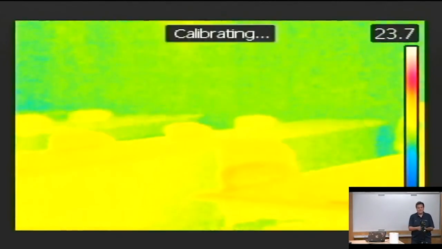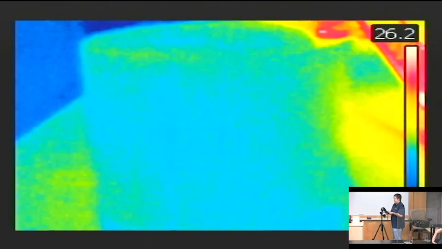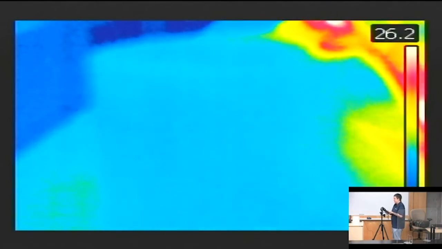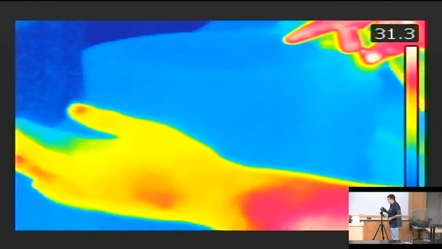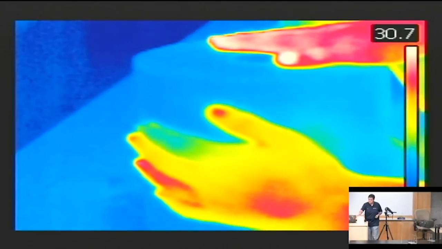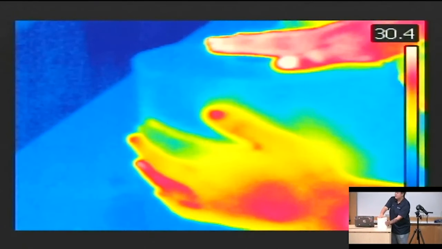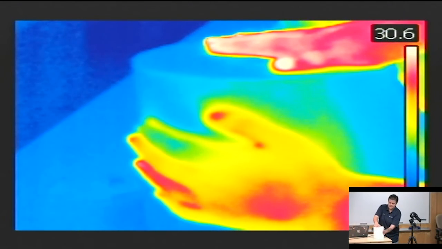Now we're going to talk about how temperature goes through surfaces. Right now, I am pointed at a roll of paper towels. A little bit of focus on that. And what I'm going to do is show how you can measure heat that is transferred through surfaces.